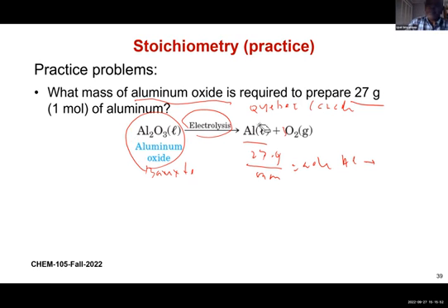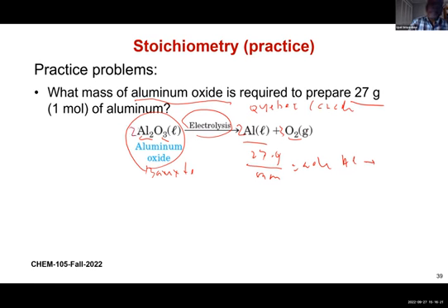How do you balance this equation? There are 2 oxygens. Let's put a 2 here. That ammonia, nitrogen is balanced. So you have to put oxygen to balance. 3 here becomes 6.